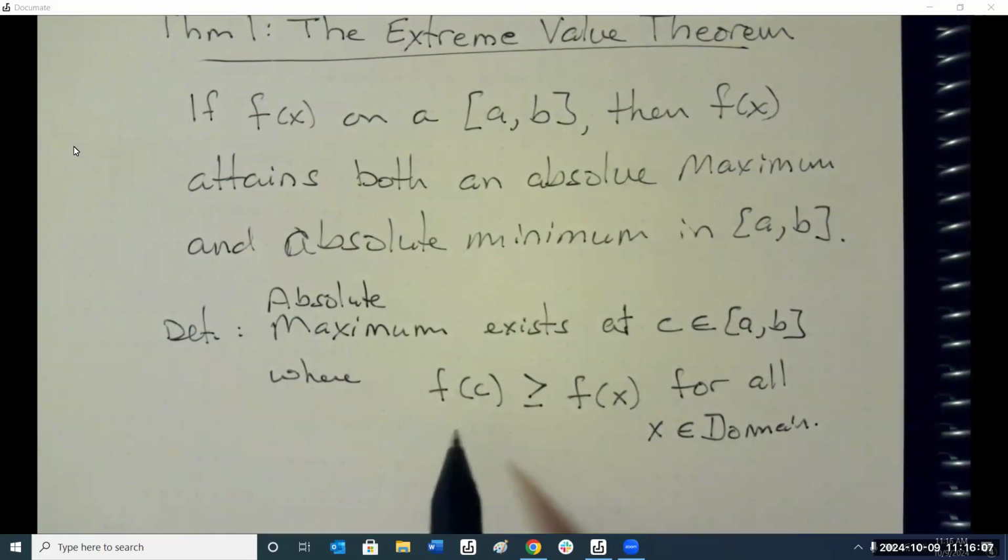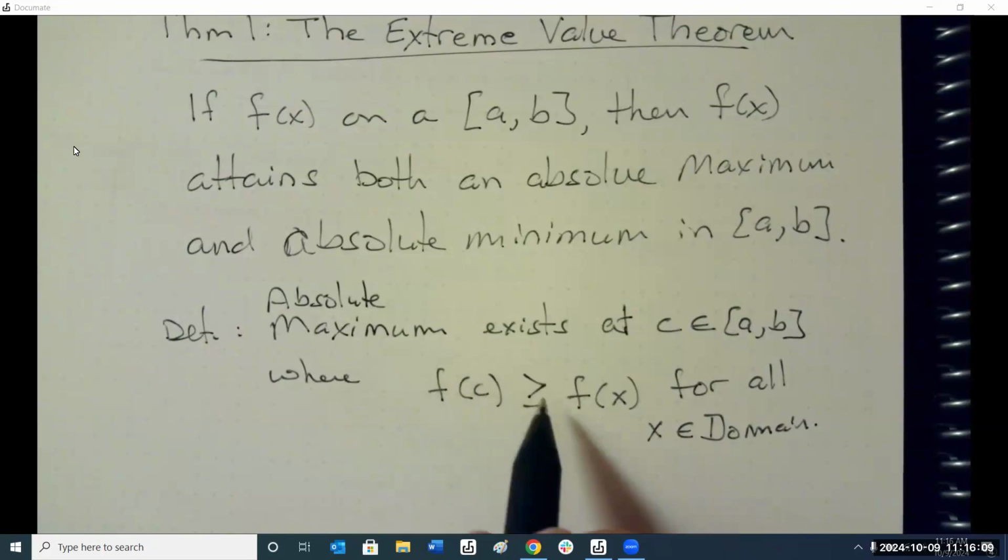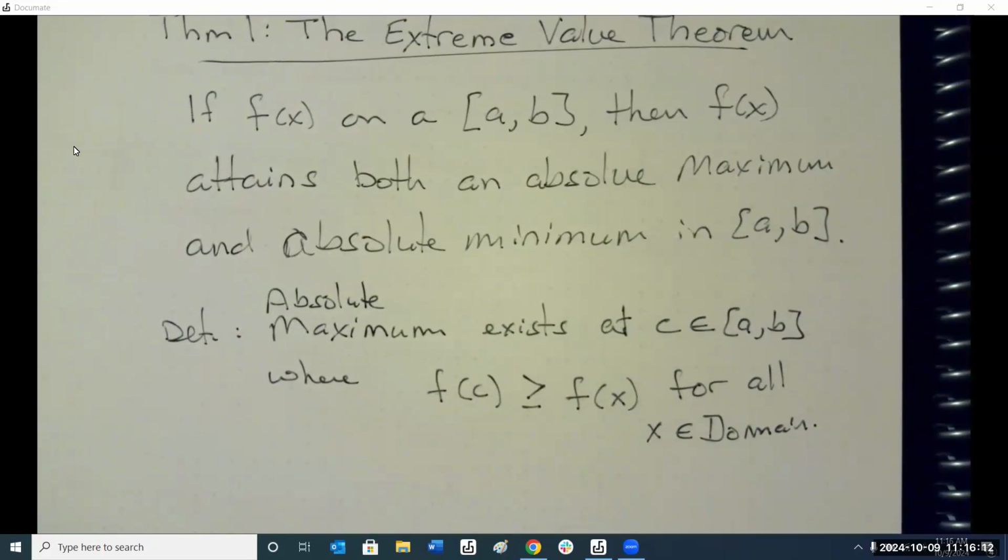So if this value is larger than everything else, then it's an absolute maximum.